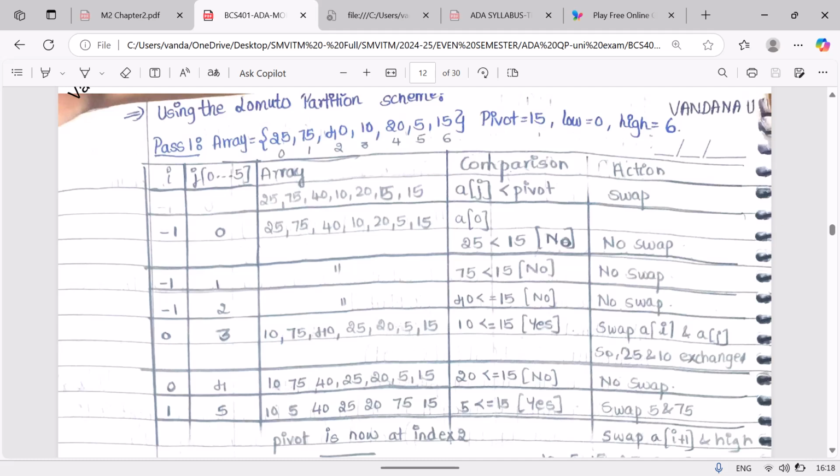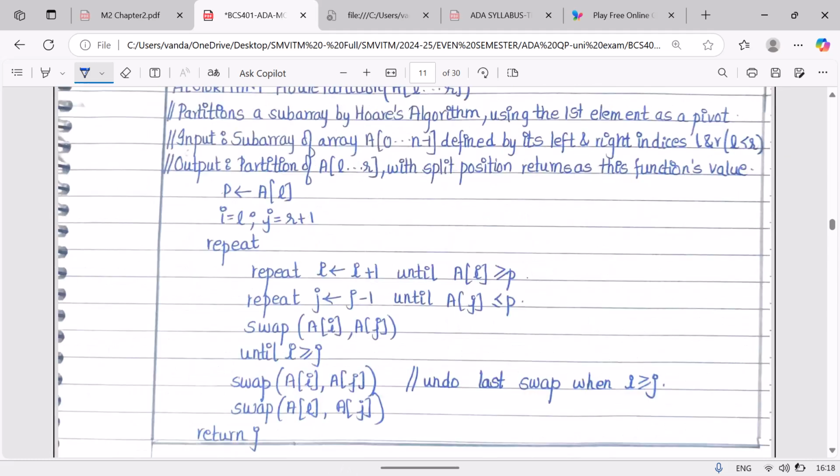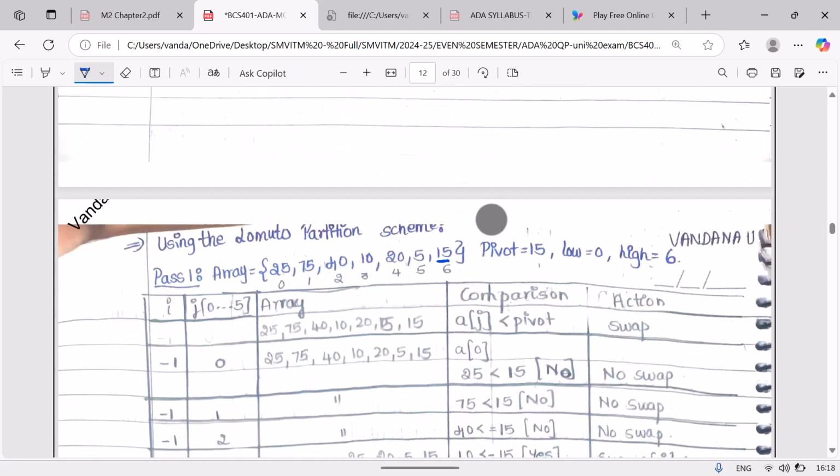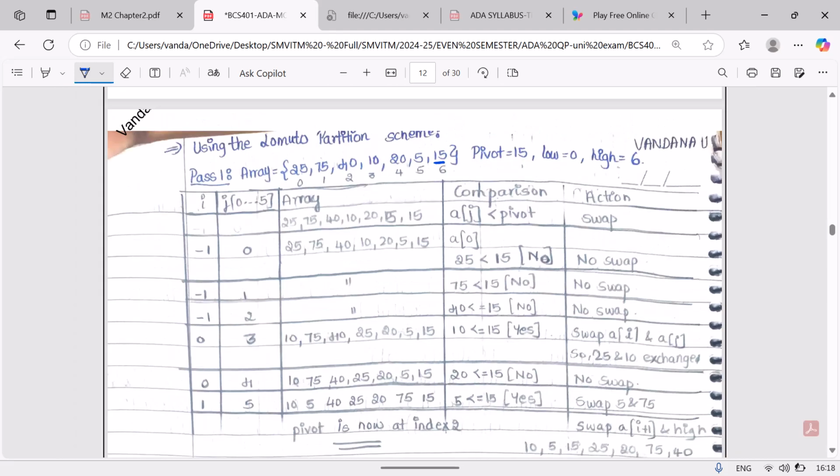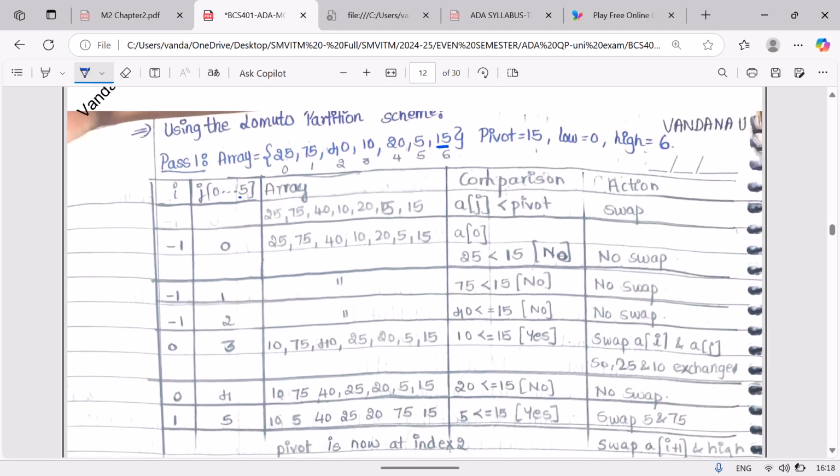So these are the elements, okay? 25, 75, 40, 10, 20, 5 and 15. Okay. And so pivot is the last element, 15. So low is 0 and high is 6. So j will go from 0 to 5 because it is high minus 1.